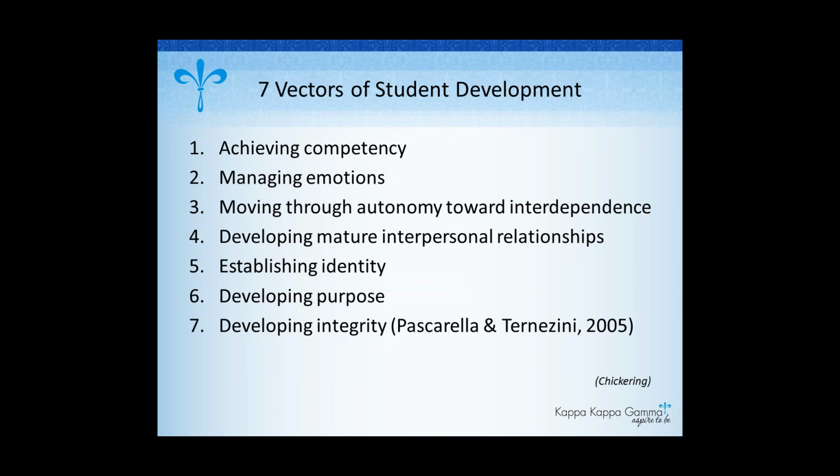This can cause reevaluation of issues associated with vectors that had already been worked through. They mix and mingle, so the women you're working with could be trying to establish their identity while also trying to manage their emotions at the same time. They build on one another and don't follow a strict sequential order.